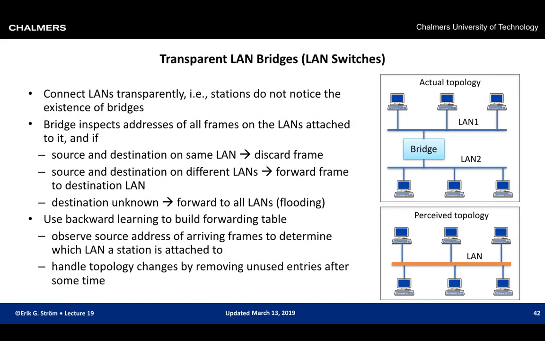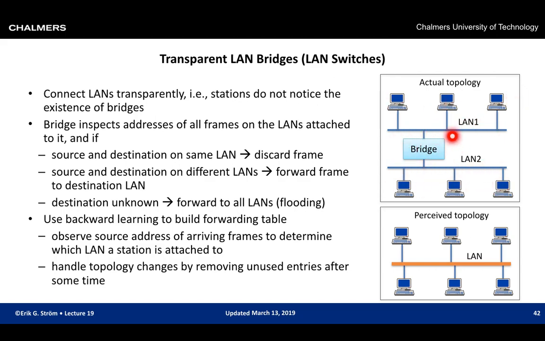Then, once we have done the medium access control, the ARQ protocols, and so forth, we would like to connect LANs, local area networks, and we do this with bridges or LAN switches. So we talked about that. Basically, we have a number of stations connected to two different LANs.